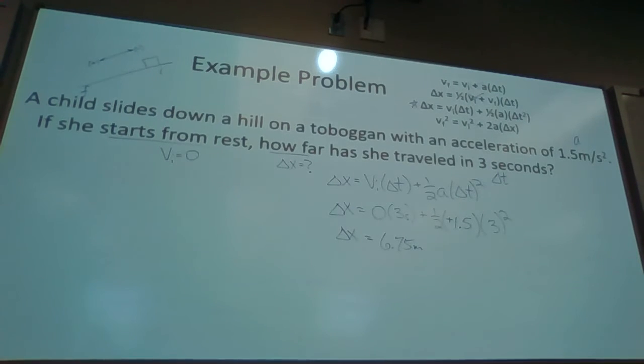Is this a ridiculous number? In 3 seconds, could she possibly go 6.75 meters? Every meter is about 3 feet, so it's roughly about 20 feet. Could she go 20 feet in 3 seconds?